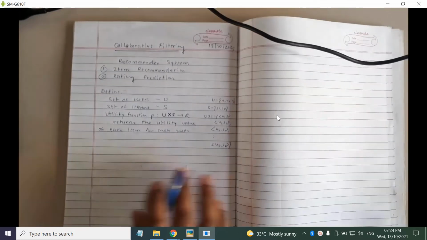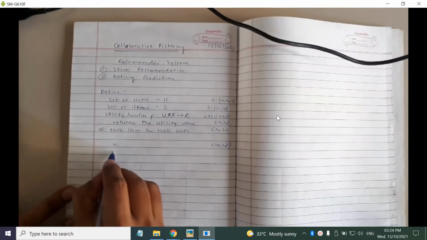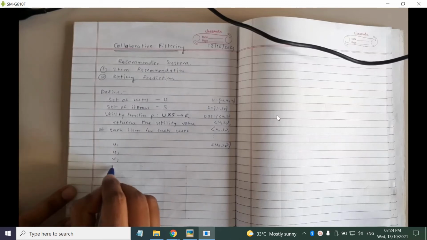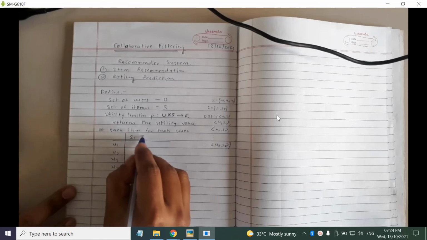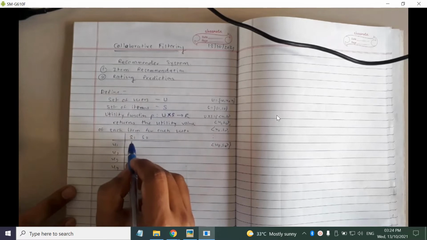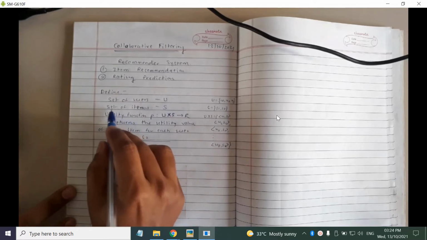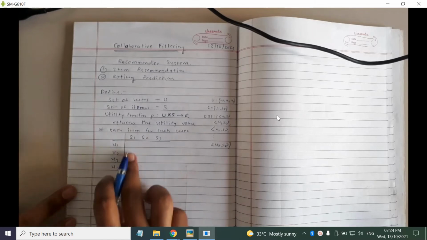I can represent that in a tabular form like U1, U2, U3, U4, where U is our set of users and S is our set of items. This table will list all the possible pairs.